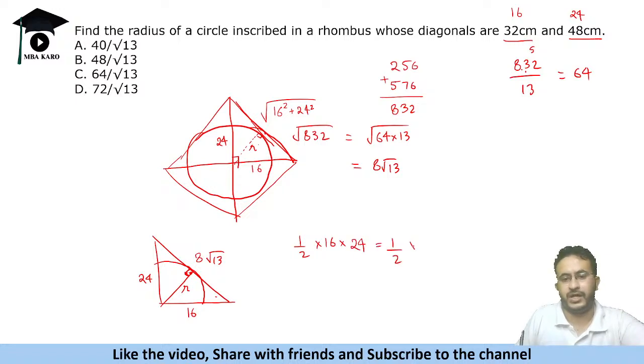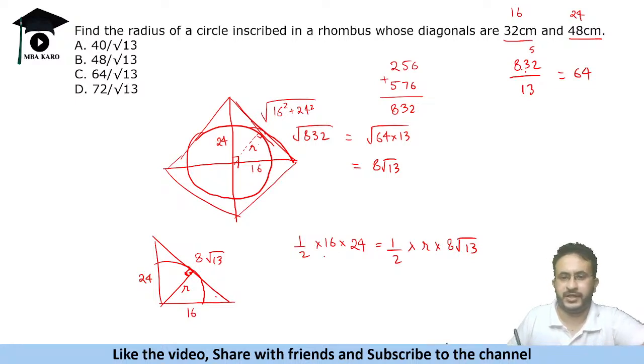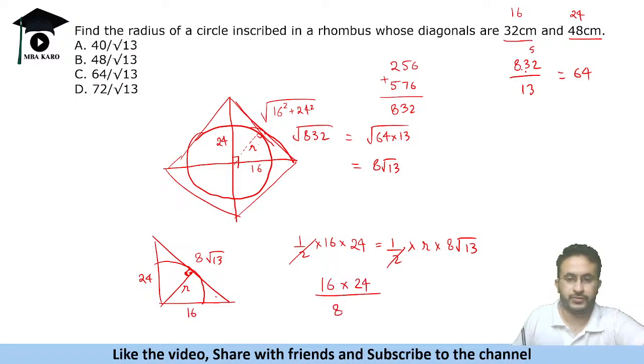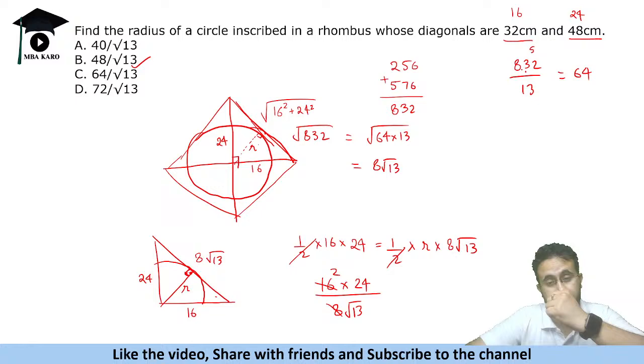That is equal to half into r into 8 root 13, because we are equating the area in both cases. Now what do we get? Half gets cancelled, so r will be 16 into 24 by 8 root 13. So we will get 48 by root 13. That will be the radius of the circle.